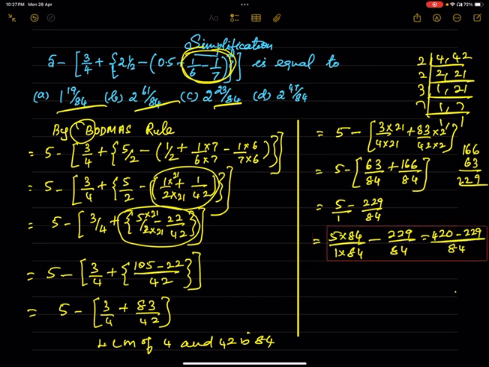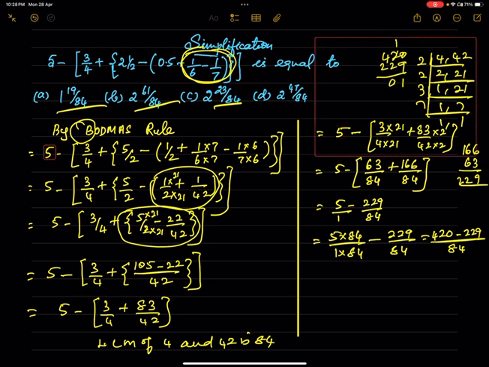After subtraction, 420 minus 229 is 191. So that is 191 by 84.